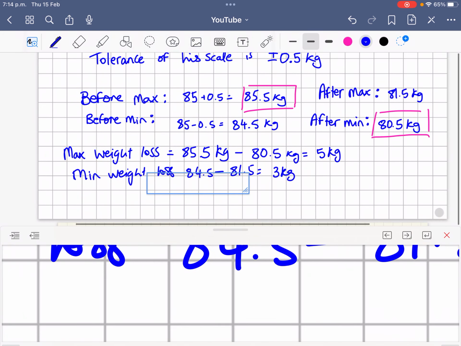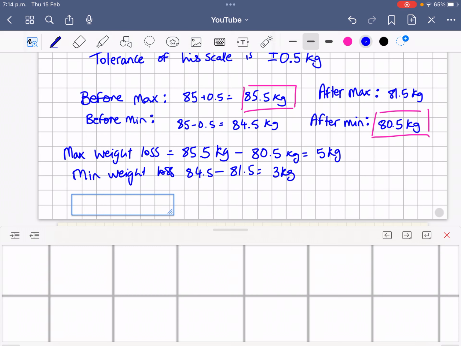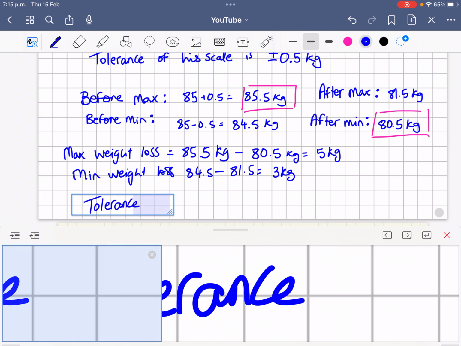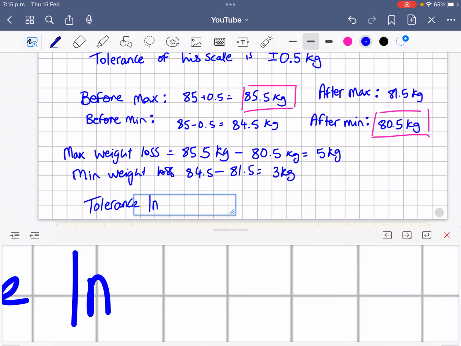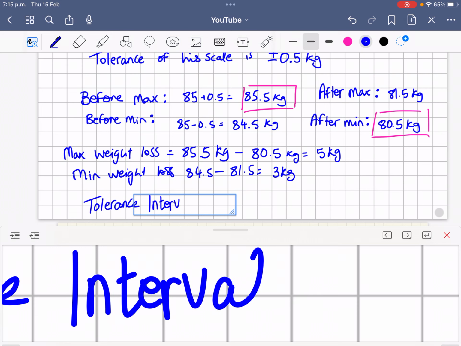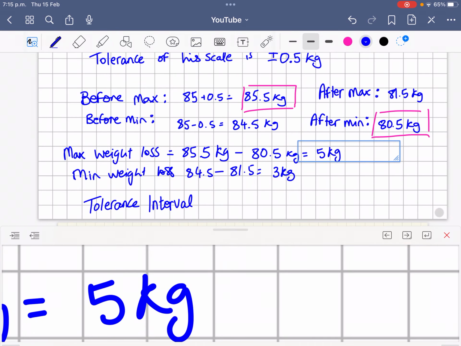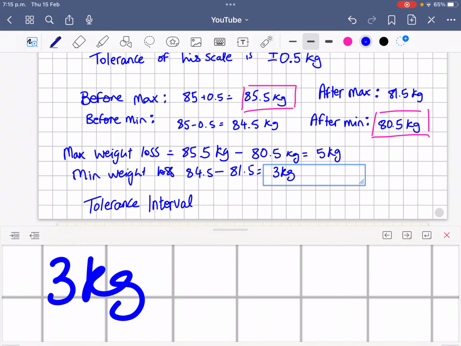So then our tolerance interval is, if we look at these two values, 5 and 3, there's a difference of 2 between them.